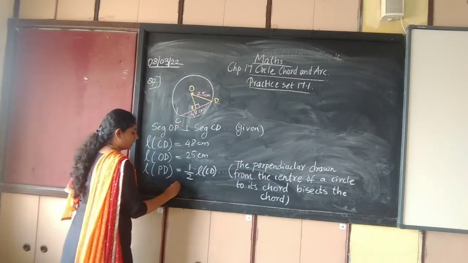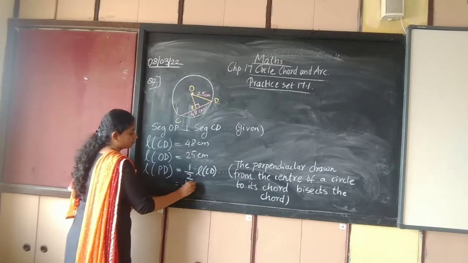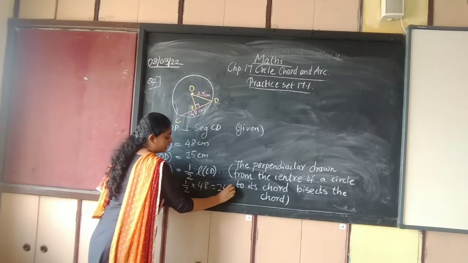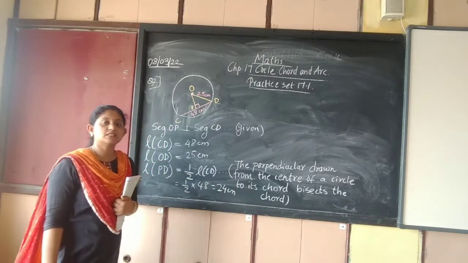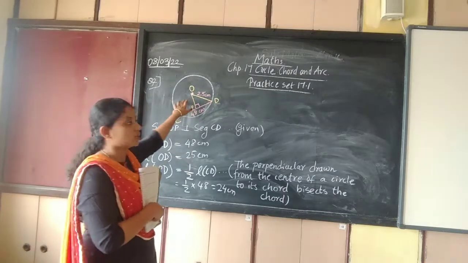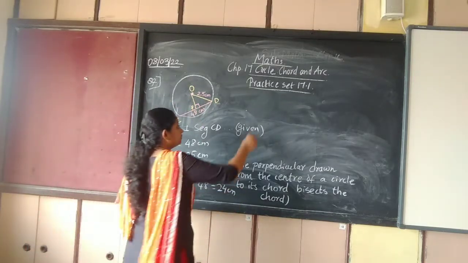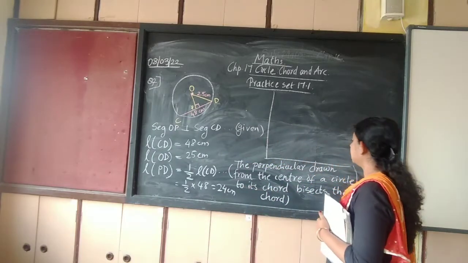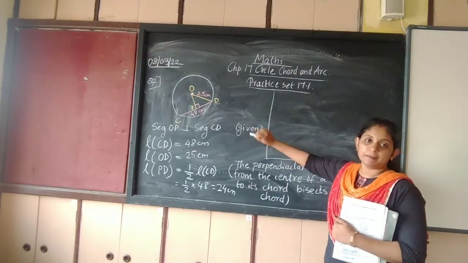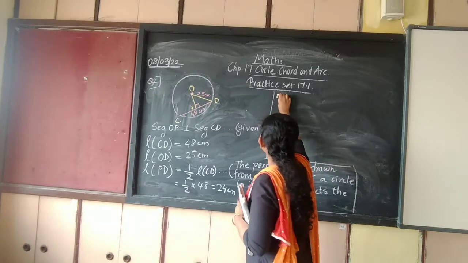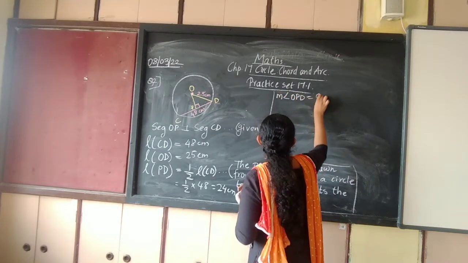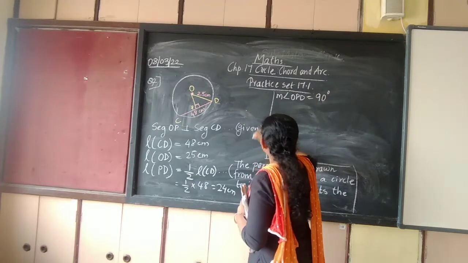Now we can see that half of 48 is nothing but 24 centimeter. Now we can use the Pythagoras theorem and easily find the distance. We know that angle OPD is 90 degrees because the perpendicular is given. So you have to write: measure of angle OPD is equal to 90 degrees.